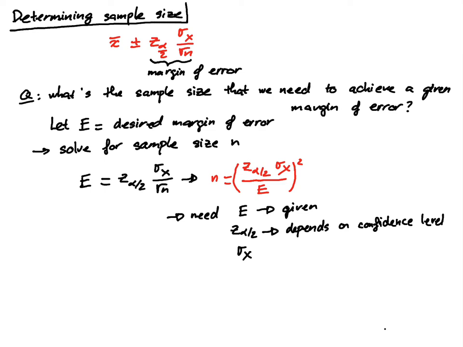So for example, if you're talking about a 90% confidence interval, then alpha is equal to 1 minus 0.9, which is 0.1, and so alpha over 2 is 0.05, and then Z sub alpha over 2 is 1.645.